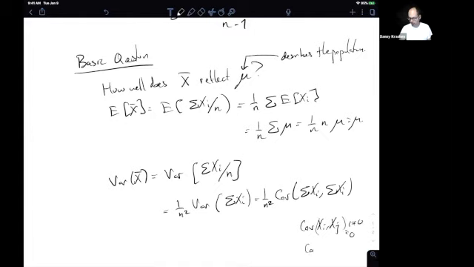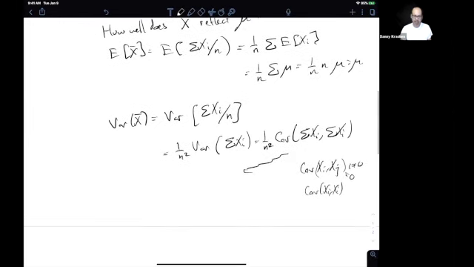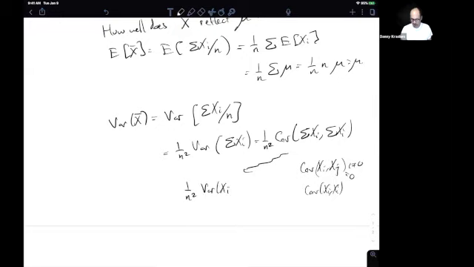And you get other terms that look like covariance of xi, xi, and those are the variance of xi with itself. So all those cross terms die, and the terms that remain are 1 over n, just the variance of xi, and you get a sum of those. So you get n of those.